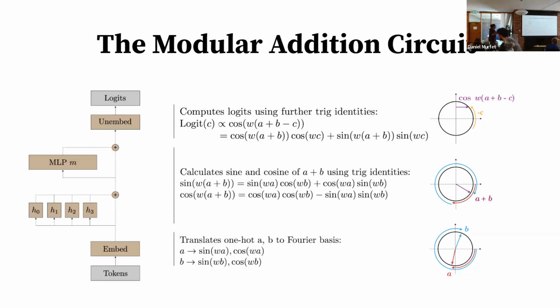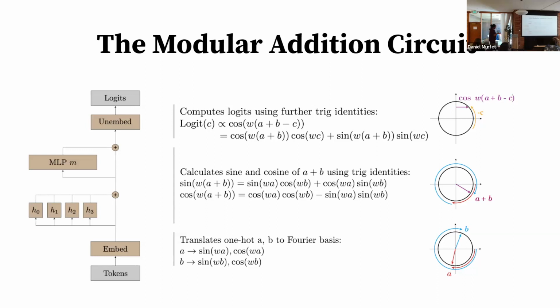This can be thought of as rotating the inputs around the unit circle, where how much you rotate by depends on what your modular addition thing is, what your modulus P is. That happens in the embedding. This is the architecture. It's a one-layer transformer.